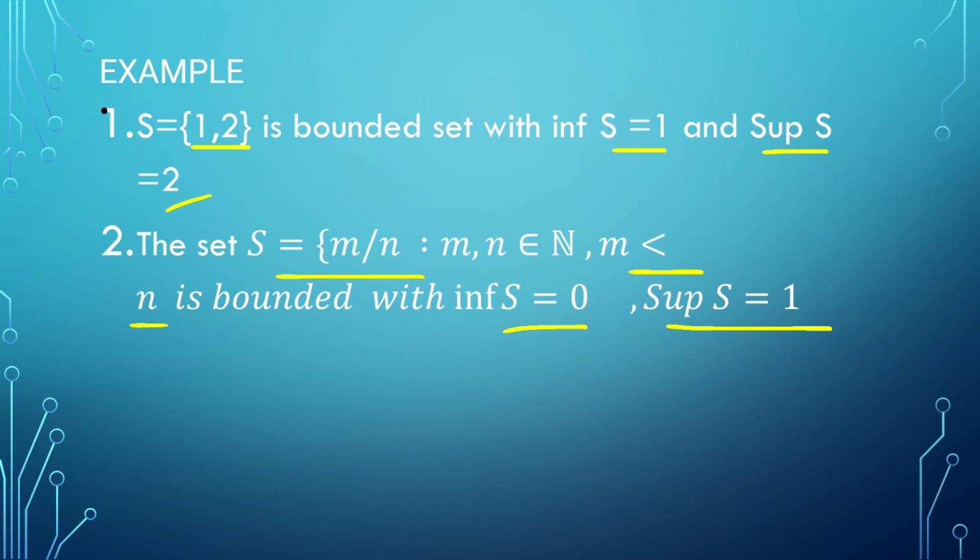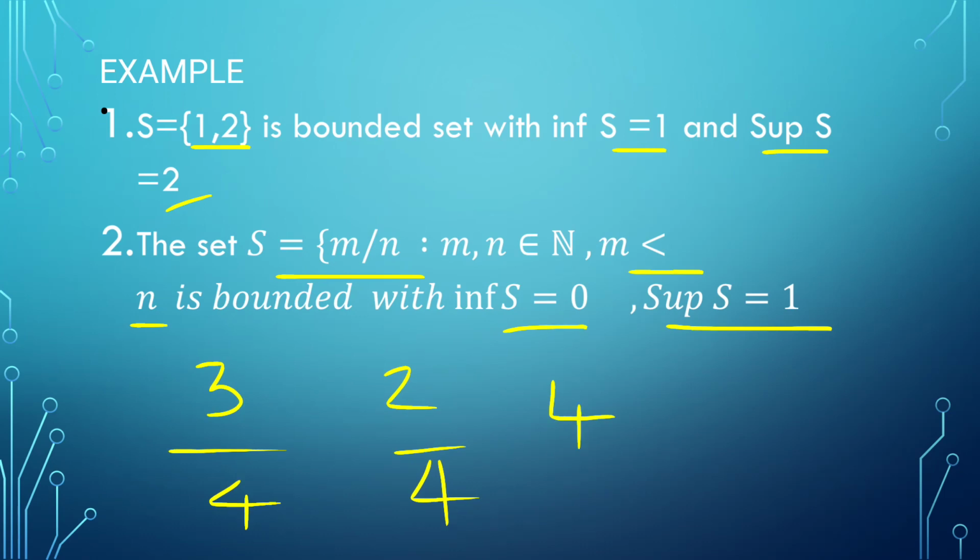Because if you take, for example, m, remember, it is always less than n. So if you take 2, take 3 over 4, and if you go with this arrangement, you can see this. The other one goes to 2 over 4. It goes this way, and the highest you can go is 4 over 4, which is 1.